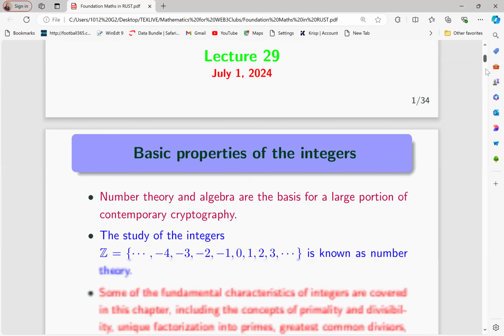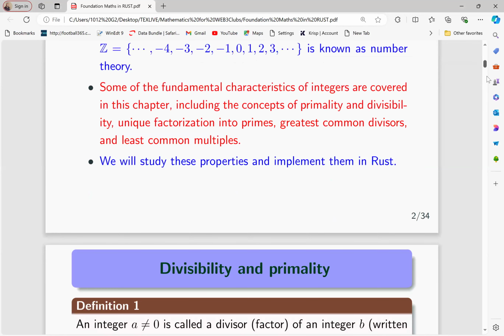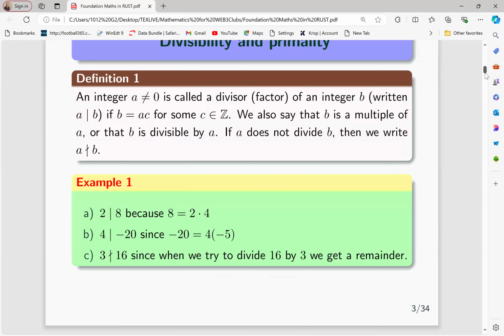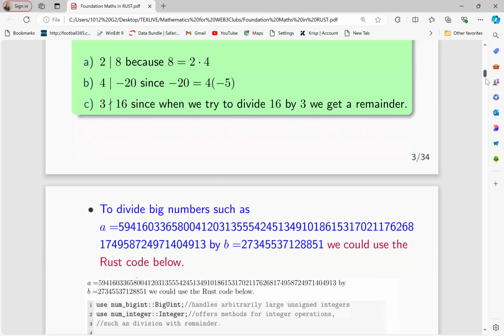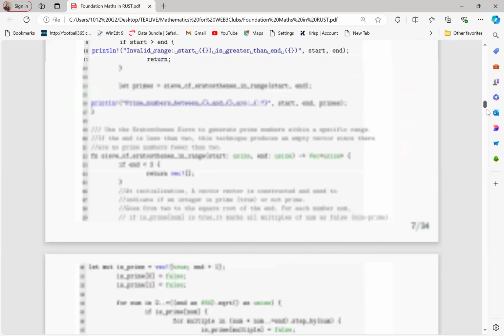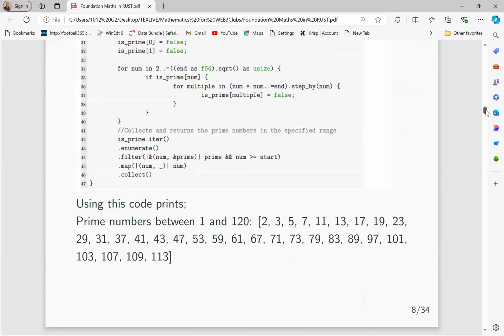The first time, we looked at divisibility, and we implemented it in Rust. From there we came to prime factors.